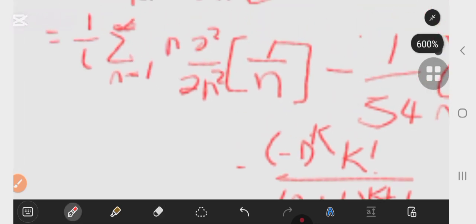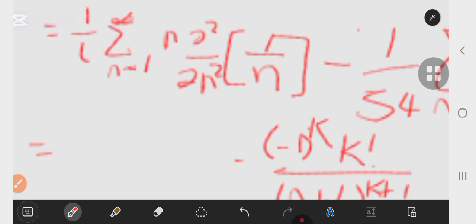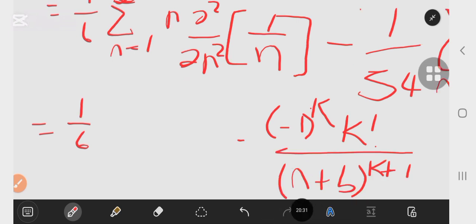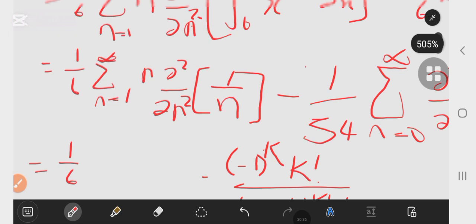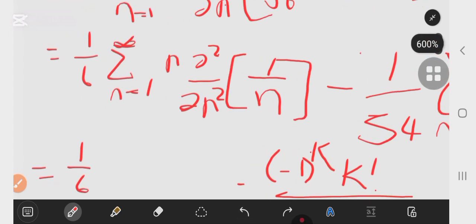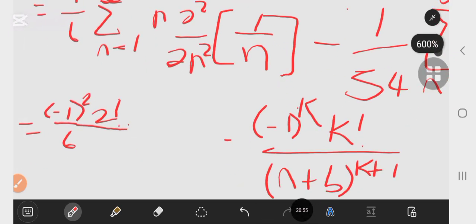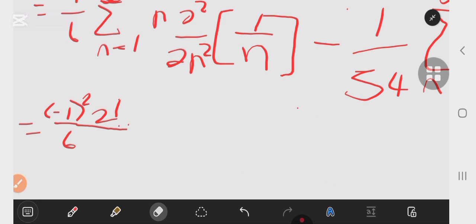From here I'll have that this is equal to 1 over 6 multiplying, okay, in this case I have the second derivative, so k is 2, so I have minus 1 squared times 2 factorial multiplying the sum to infinity of n starting from 1.